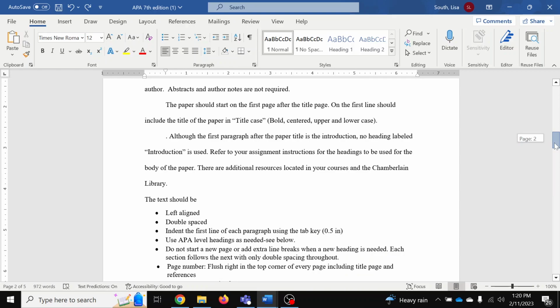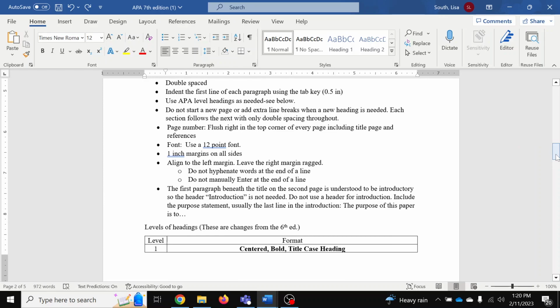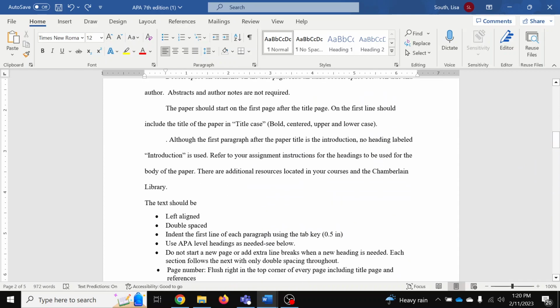Too many things. Introduction. Here are the other things. Left align, double space, indent the first line of each paragraph. But we don't want to indent that way. Here is our paragraph.